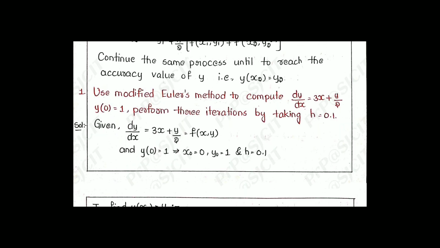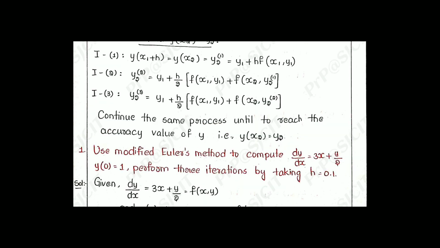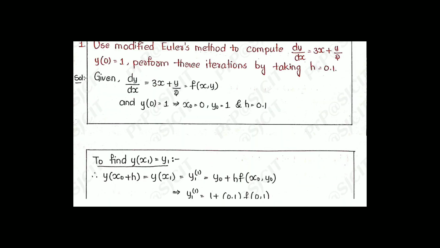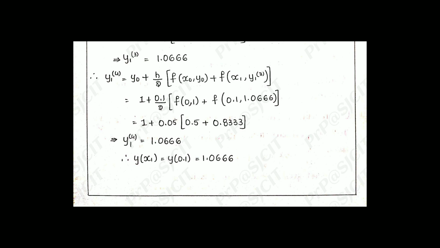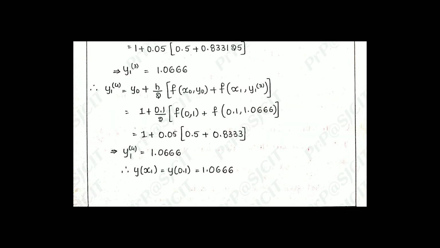Euler's method is one of the easiest concepts compared to Taylor series method. Just remember the formula to find the iterations, and substitute those values, then we get the answer. Next we move on to Runge-Kutta method.